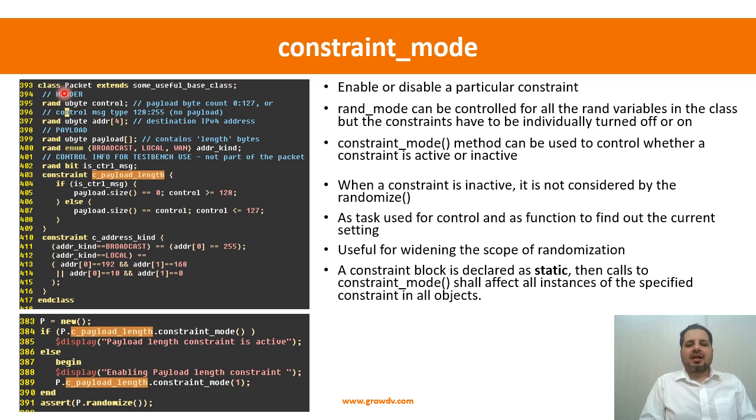So I have this class packet, and I am declaring this constraint called payload length, and I'm using some sort of if-else logic to constrain the size of this particular dynamic array, which is of some u byte payload, which contains the number of bytes worth of the payload.